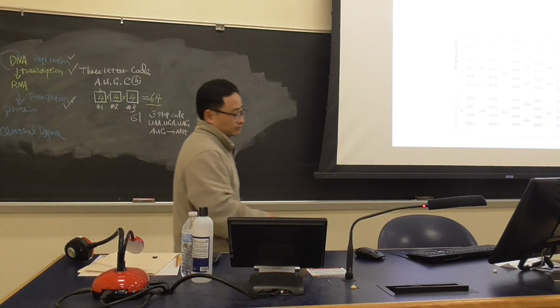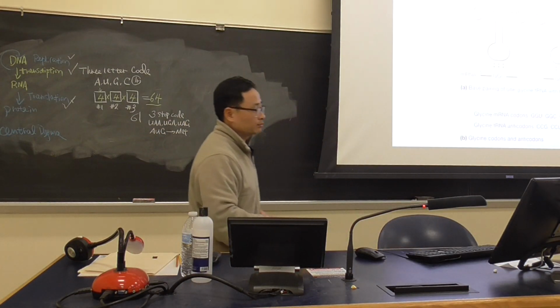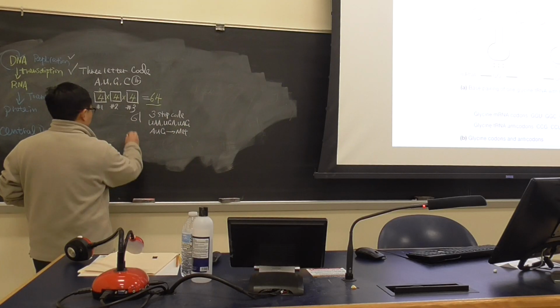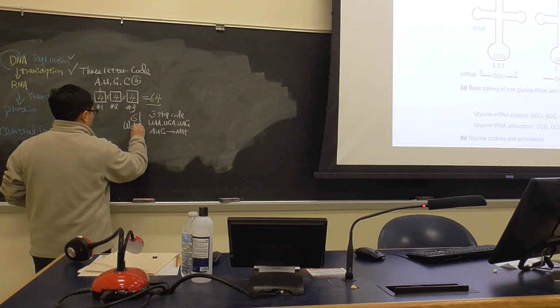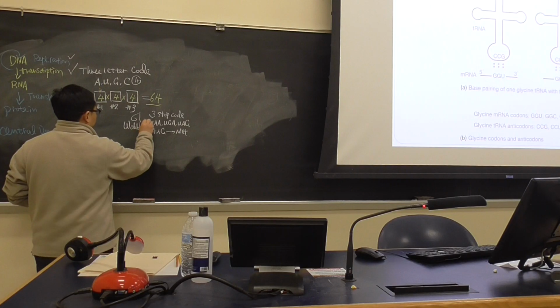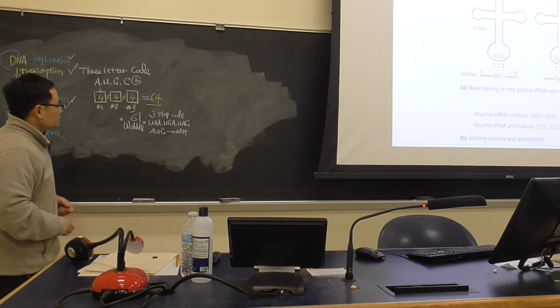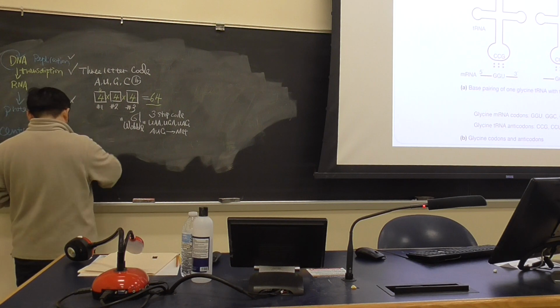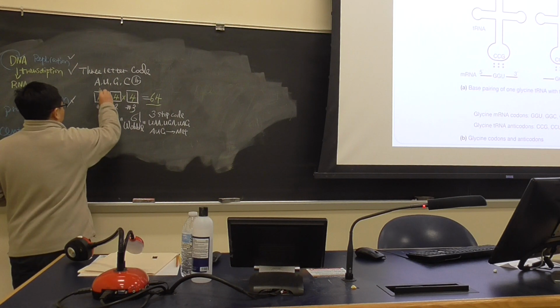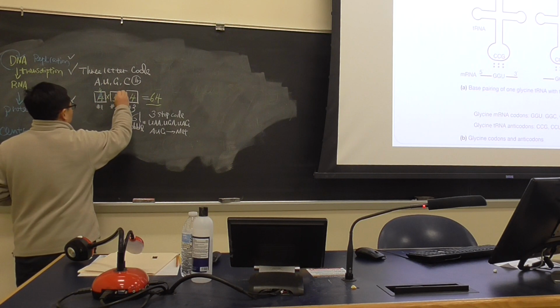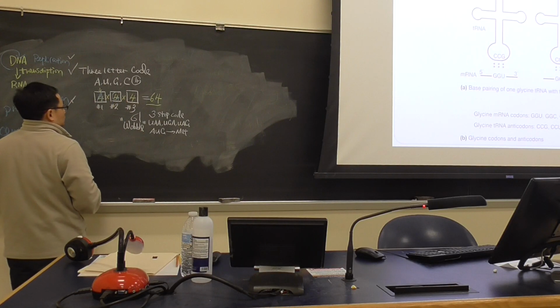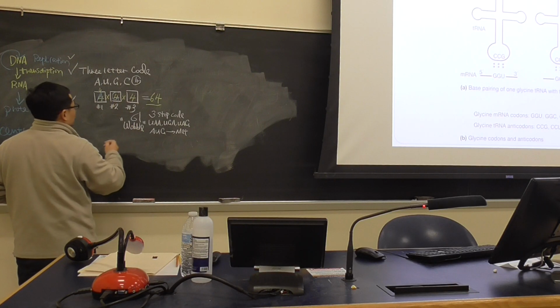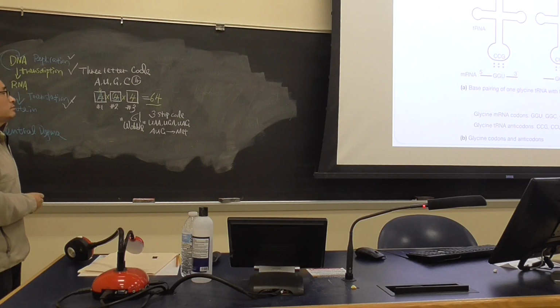This brings out a very important phenomenon called wobble. Which means, if my first one, for example, is A, and the second one is G, then the last one could be anything, A, U, C, or G. They may represent the same amino acid.